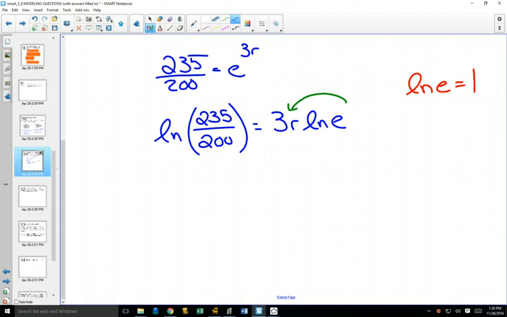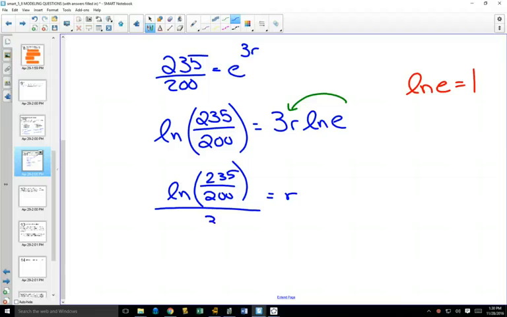And so if that's 1, then to solve for r, all I need to do is divide by 3.